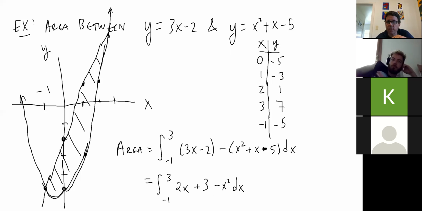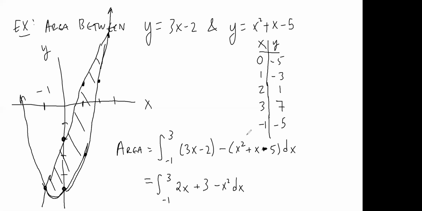Now, I'm going to need to find a capital F so that if I took the derivative of it, I would get this. So what do I take the derivative of to get 2x? The answer is x squared. What do I take the derivative of to get 3?